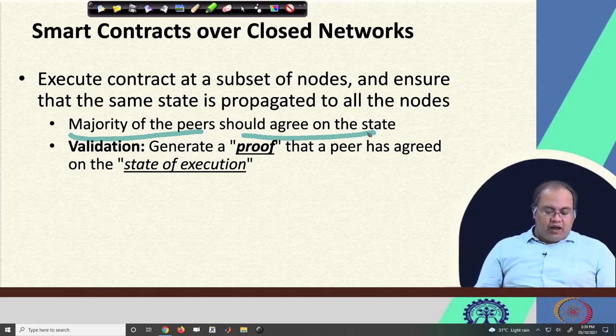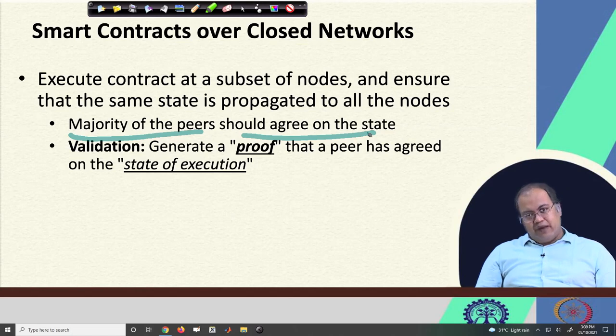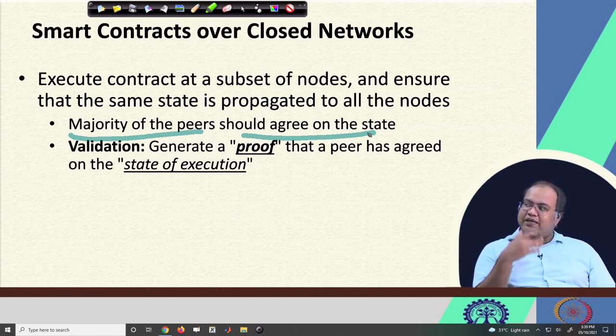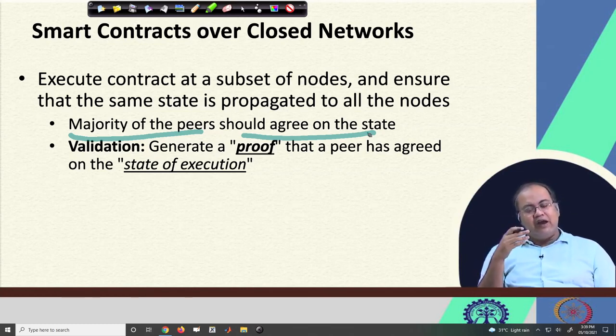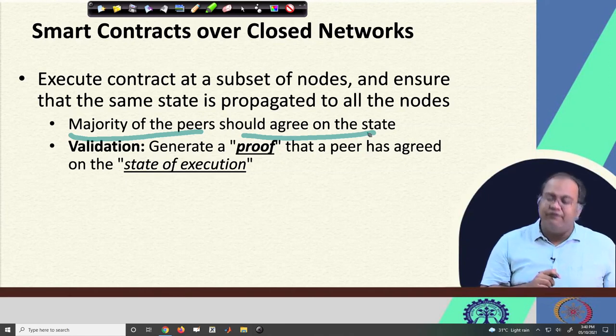Now, for this validation that is being executed on an individual node, earlier we have seen that for such problems generating the proof would be tougher, and validating the proof would be much easier. So, that is the requirement which I have.